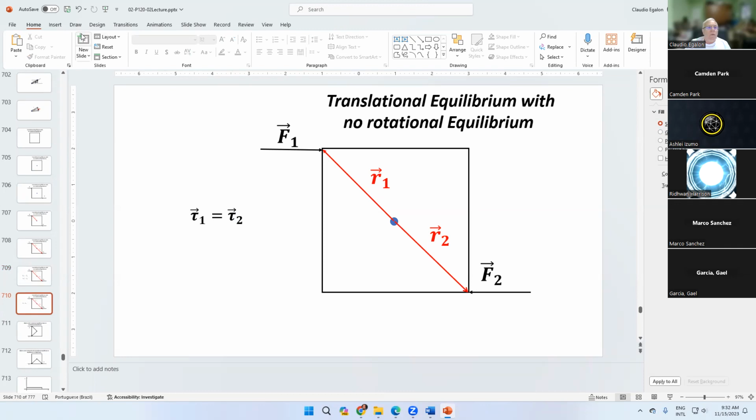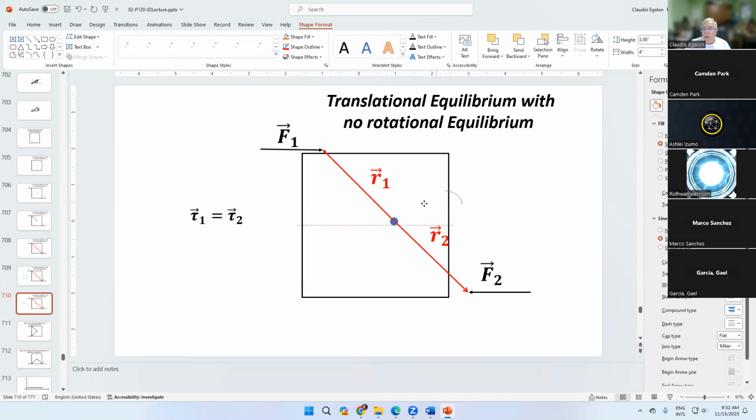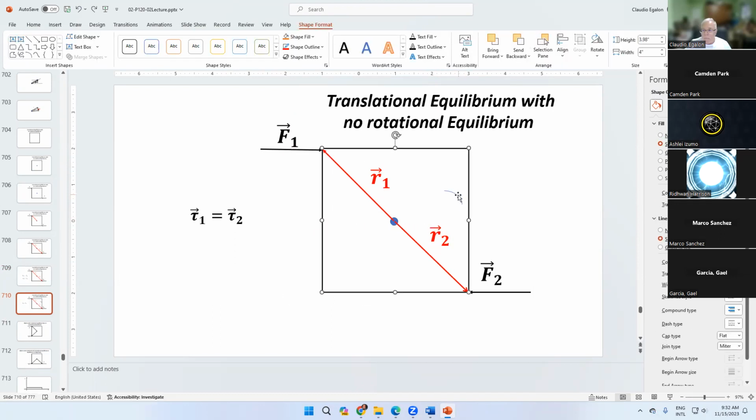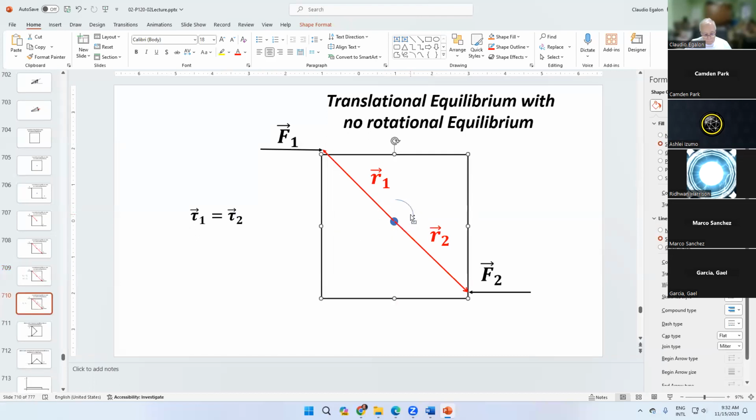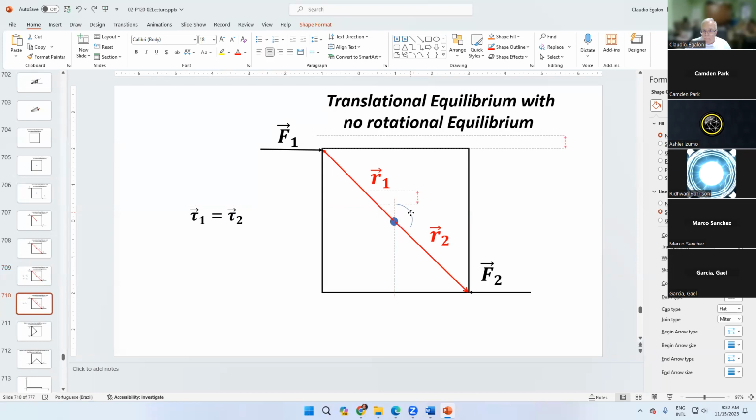I'm even going to illustrate this torque like that, with an arrow in the counterclockwise direction.